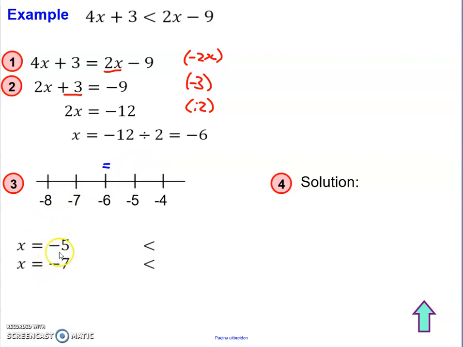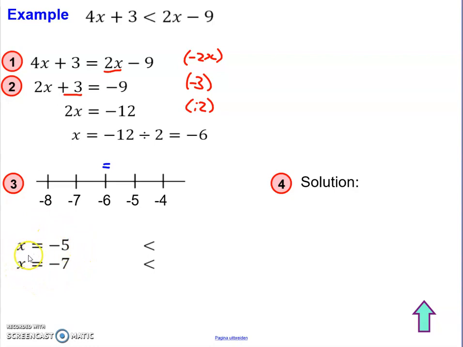One is greater than minus 6 and the other one is less than minus 6. And I've chosen minus 5 and minus 7, but you can also use minus 8, minus 4. So you have a lot of options. Always show what numbers you're going to use. So make sure you write it down in a proper way, like this.